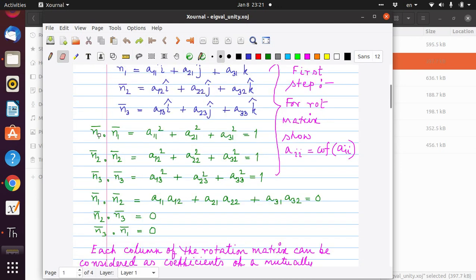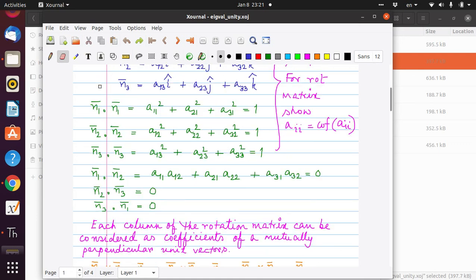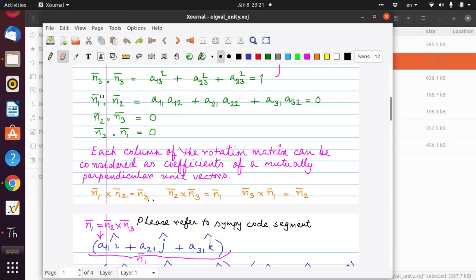So this shows that n1, n2, n3 are unit vectors and they are mutually perpendicular. So each column of the rotation matrix can be considered as coefficients of mutually perpendicular unit vectors.